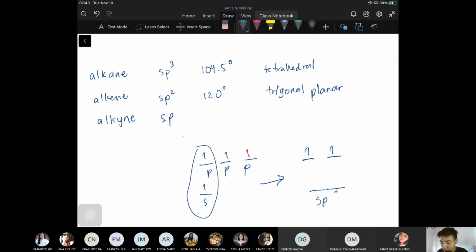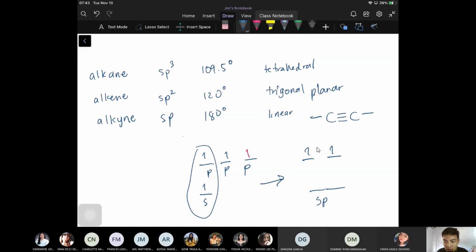Or 2 other groups. So ibig sabihin, kakaroon ka ng ganitong configuration. Wherein this is your carbon, it can form only 2 bonds with other atoms. Yung isa sa left, yung isa nasa right. So, yan. Ang angle of separation nila ay 180 degrees or may geometry yan na linear. So, saan po ginagamit yung dalawang unused na p orbital electrons?